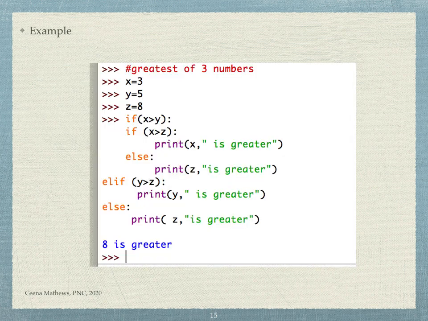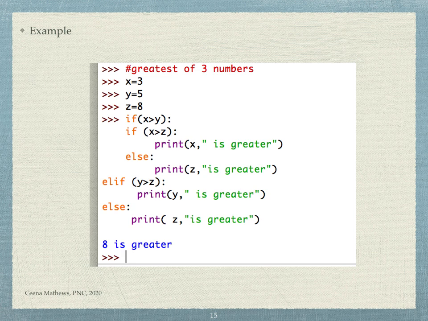Let us see an example for this. The example is to find the greatest of three numbers. Here three numbers are assigned to x, y and z. First we check if x is greater than y. If x is greater than y, then we have to check for another condition also, if x is greater than z also.